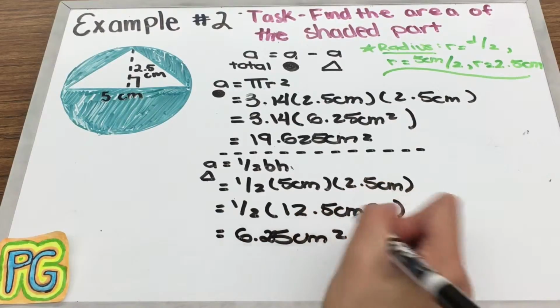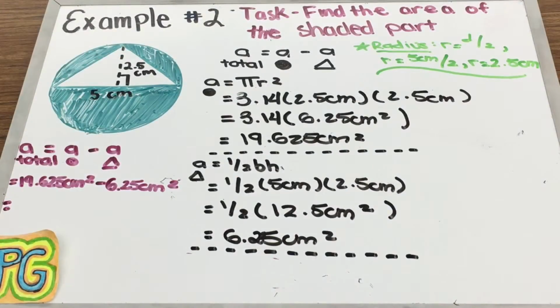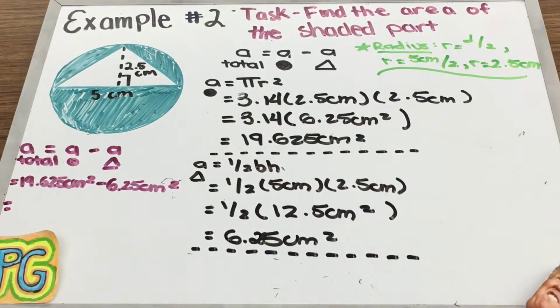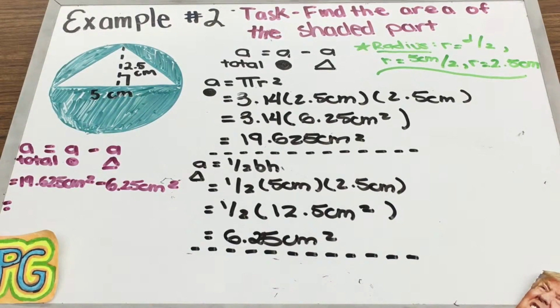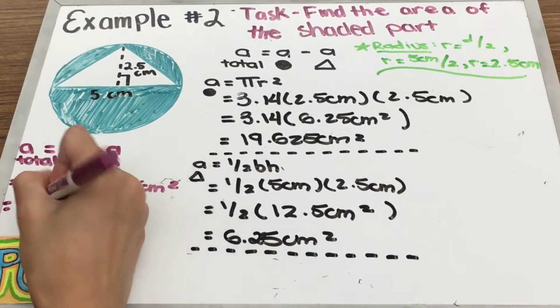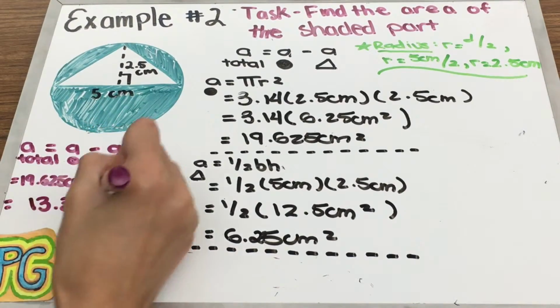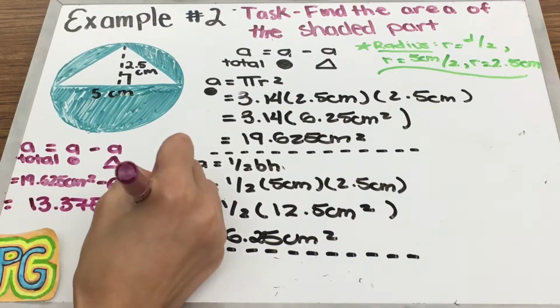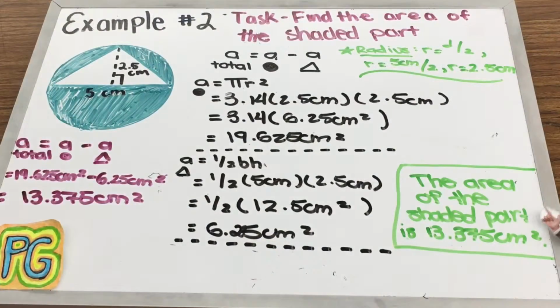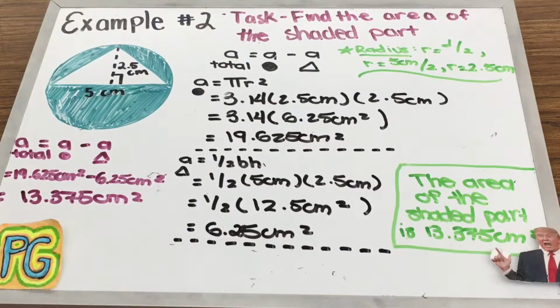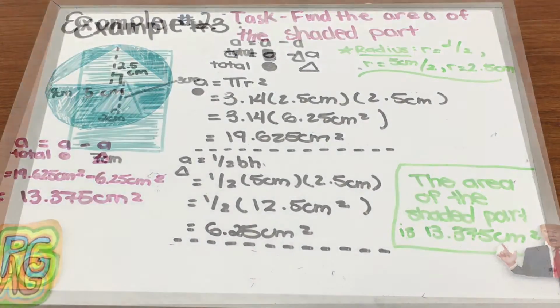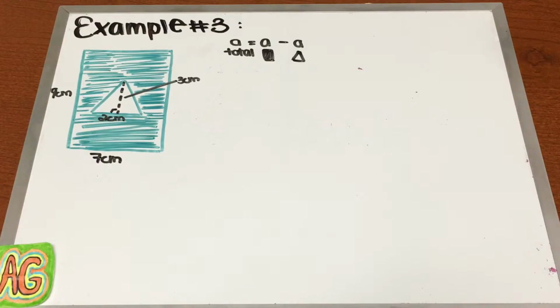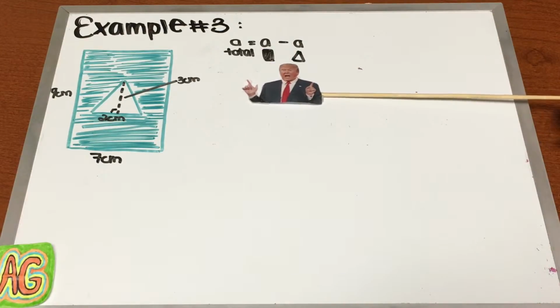The area total equals the area of the circle minus the area of the triangle, which would be 19.625 centimeters squared minus 6.25 centimeters squared, which equals 13.375 centimeters squared. The area of the shaded part is 13.375 centimeters squared.